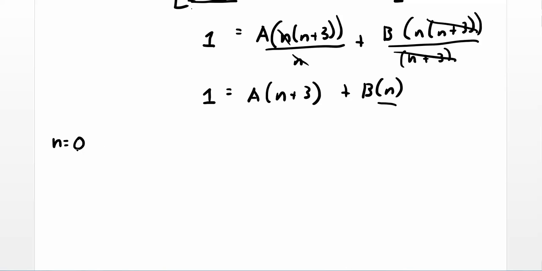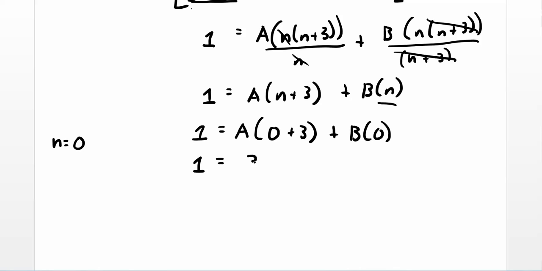So n equals 0, I get 1 equals a times 0 plus 3 plus b times 0. Simplify this a bit: 1 equals 3a plus 0. So this implies that a equals 1/3.